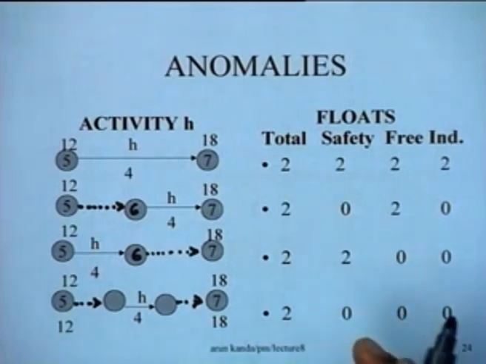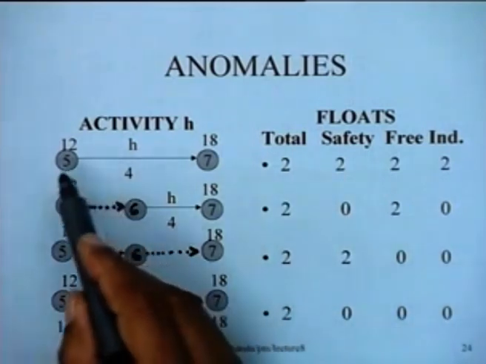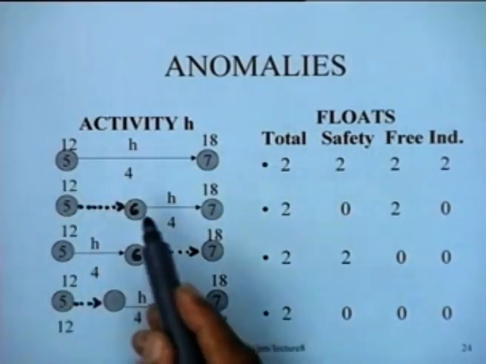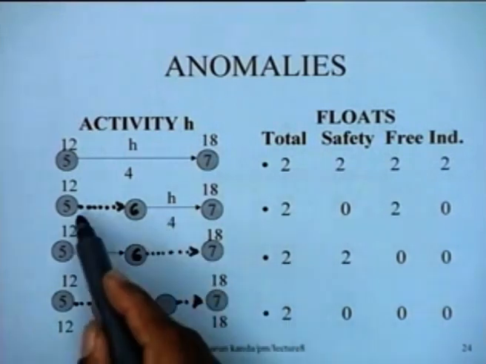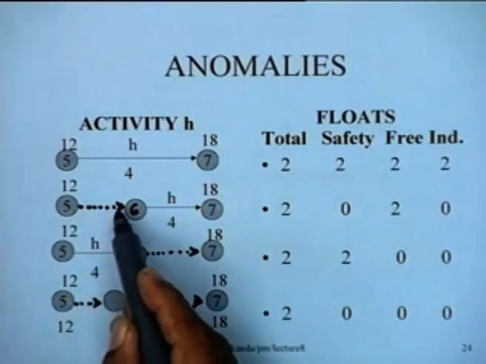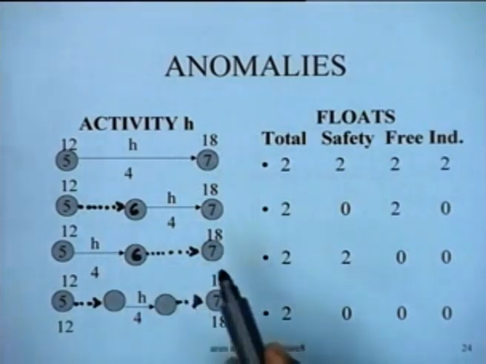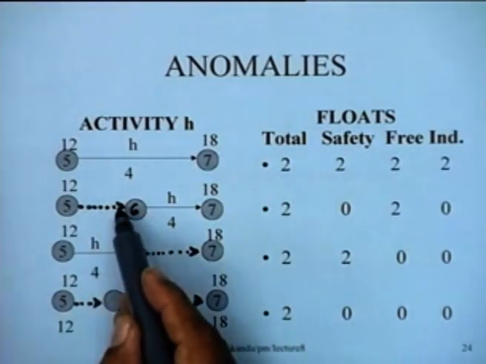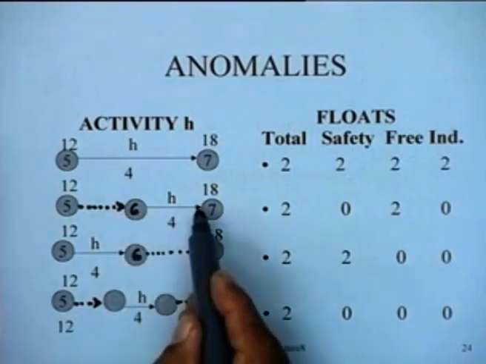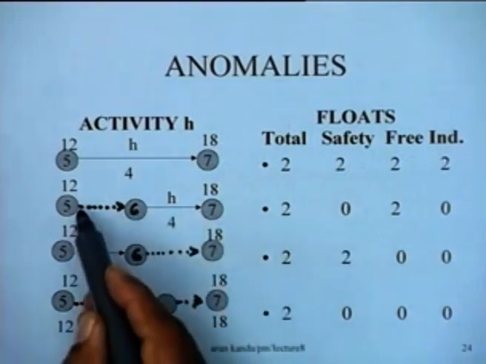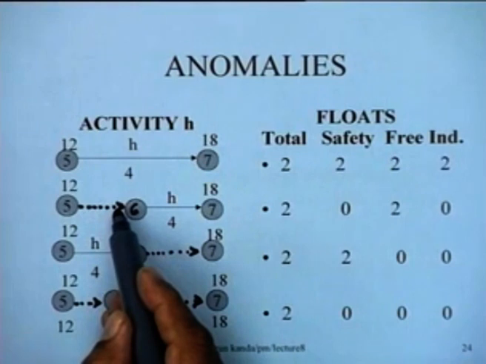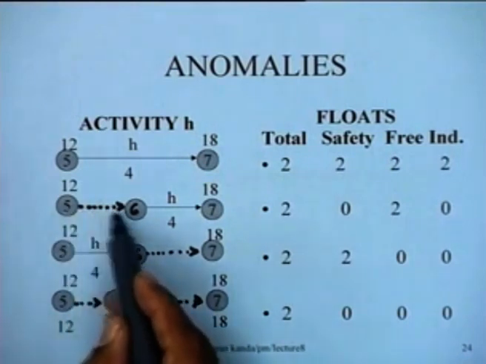Now, this is an anomaly really, because it is only one activity and the dummy is really placed there, because it does not really matter whether you place the dummy here or whether you place the dummy here. But you see from this example that it does matter where you place the dummy, and the interpretation could be that this dummy is equivalent to an activity which is actually constraining this activity. How? Because this could be like an approval activity which takes 0 time, approval before you do the activity.